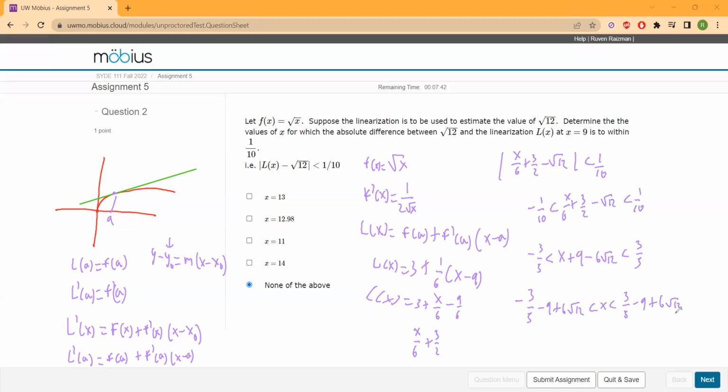So now if I actually calculate those values, it's going to be equal to 11.18. So x is bigger than 11.18, but smaller than 12.38.